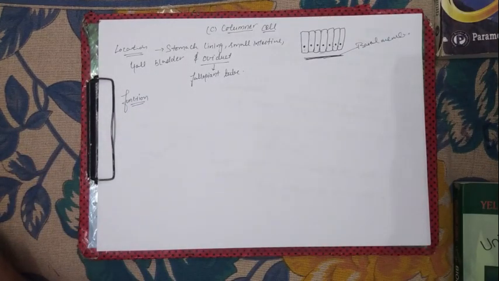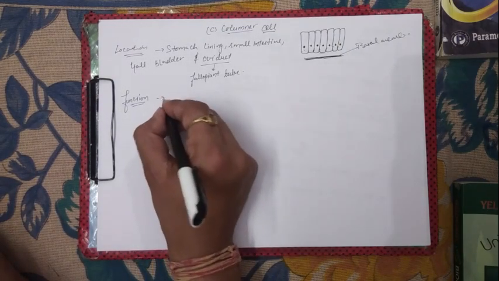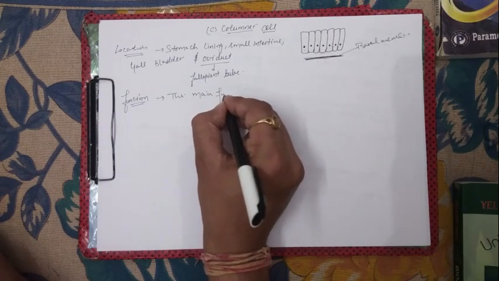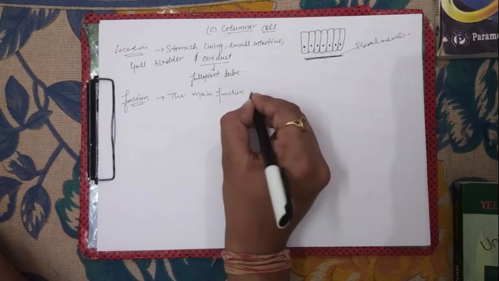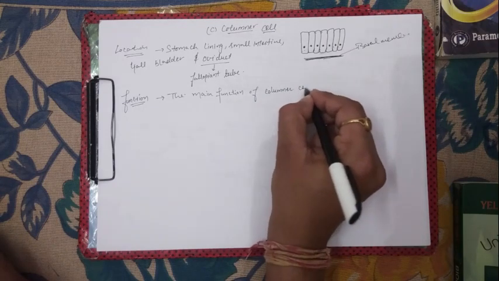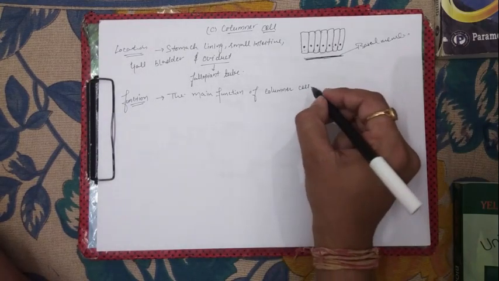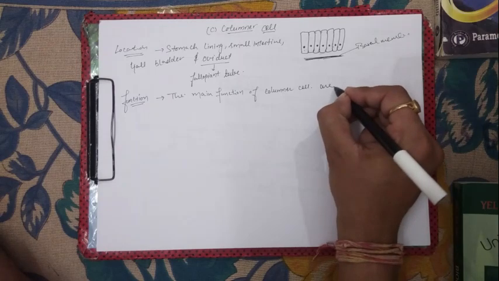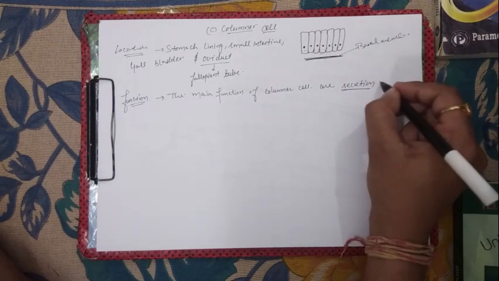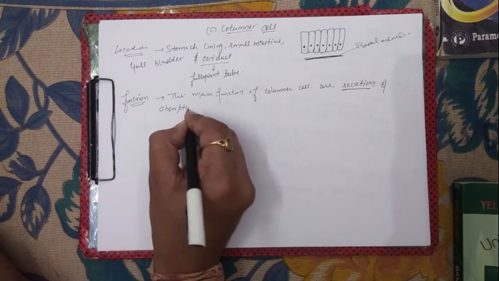Function. The main functions of columnar cells are secretion and absorption.